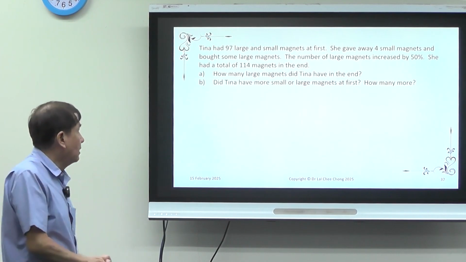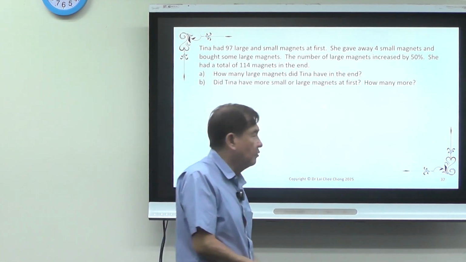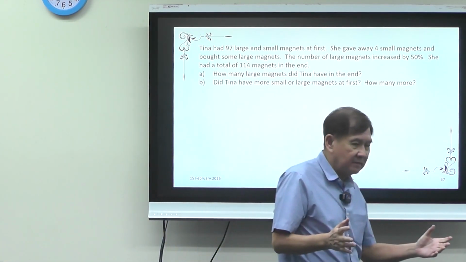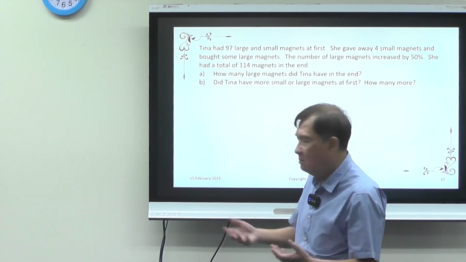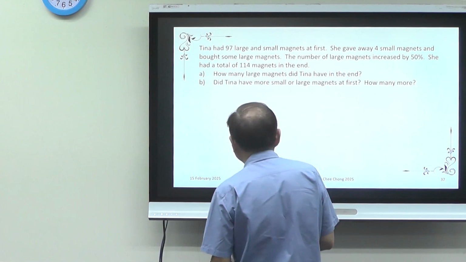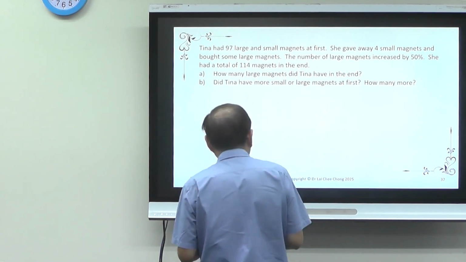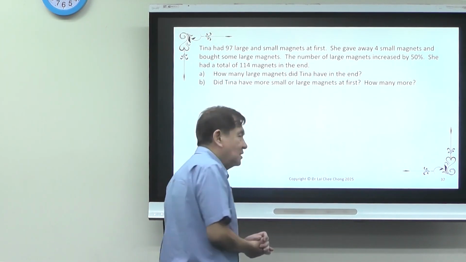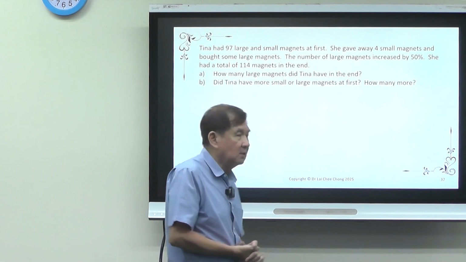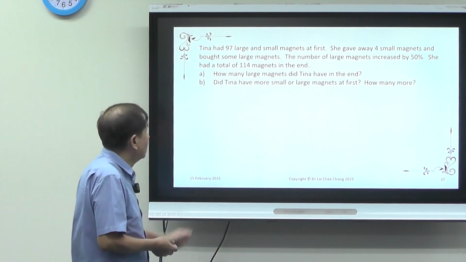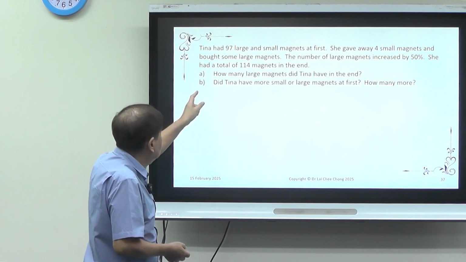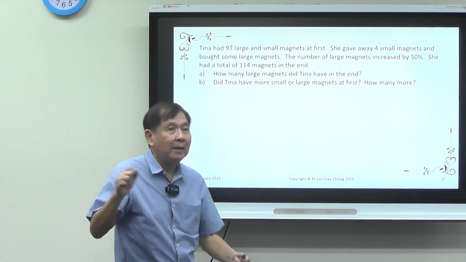Now, again, it's pretty much the same as before. They always give you two different items, but the total number of them, that's it. You don't know how many is which. You have both the big and small magnets, and the total is 97. Then it says he gave away some of the magnets. He gave away 4 small ones. But Tina bought some more big magnets.